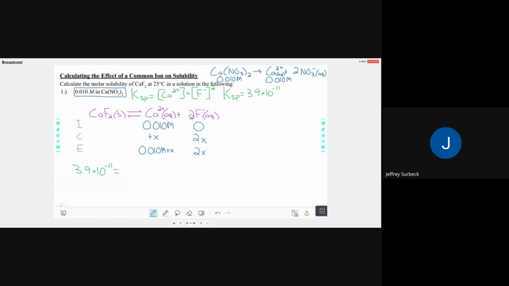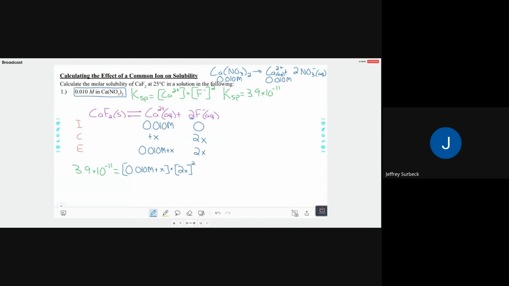And this is equal to the calcium concentration, 0.010 plus X, times, and this is really important that we follow our KSP we established from above, 2X squared.